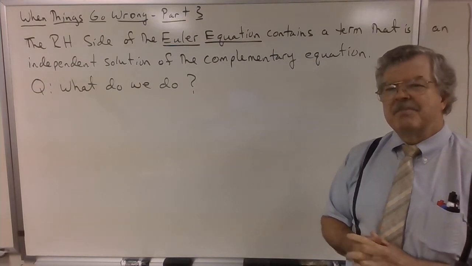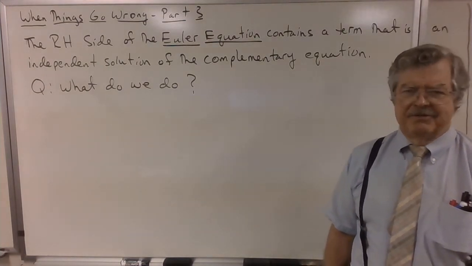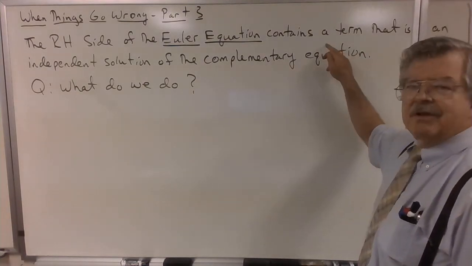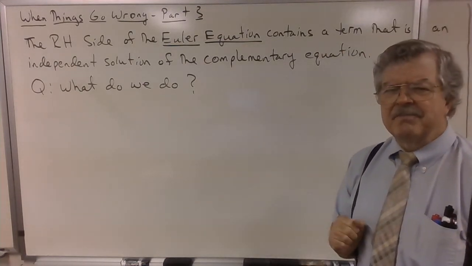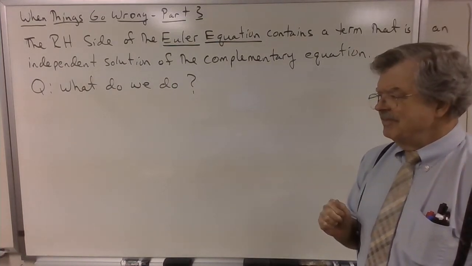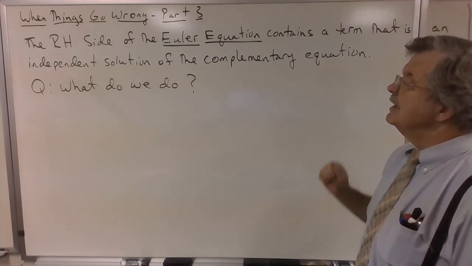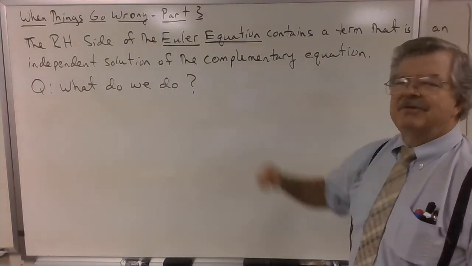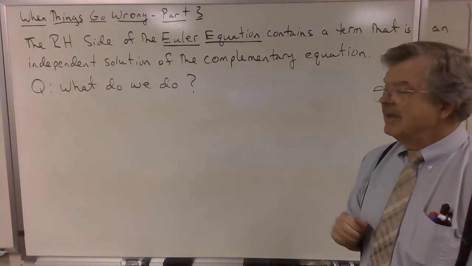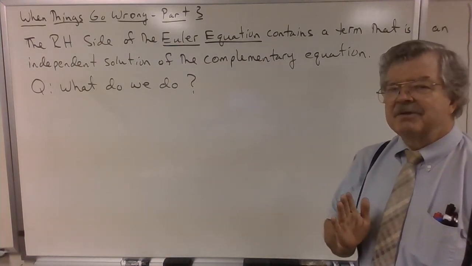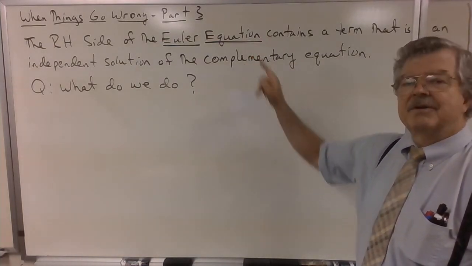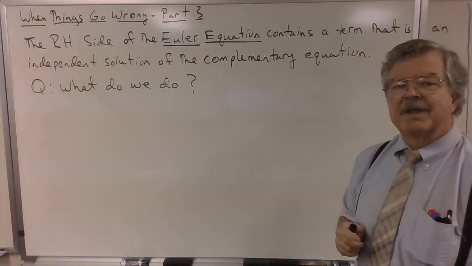So if we're doing method of undetermined coefficients, and the right-hand side of the Euler equation is a polynomial that contains a term that is essentially the independent solution of the complementary equation, what do we do? Instead of multiplying it by x, since this is an Euler equation, what do you think we do?